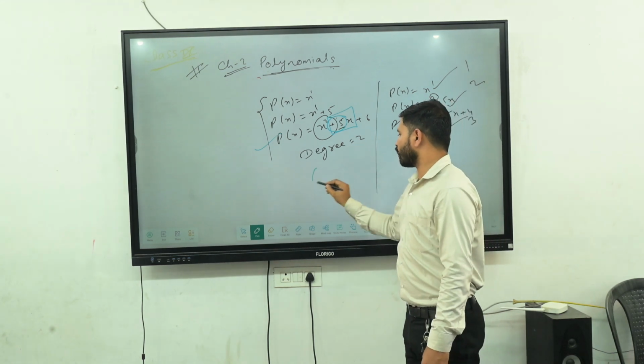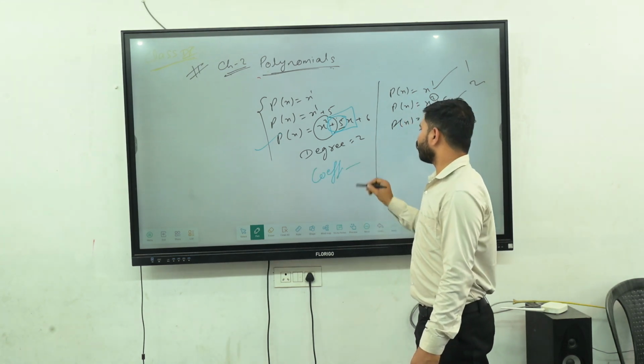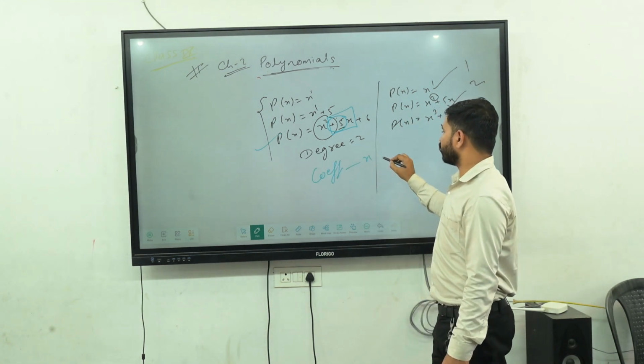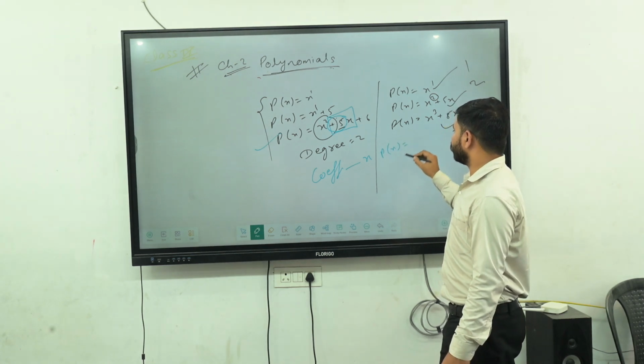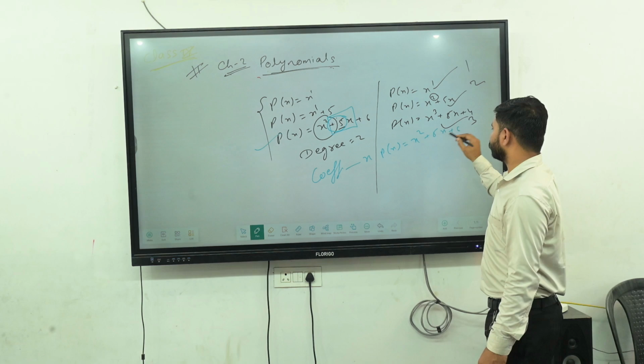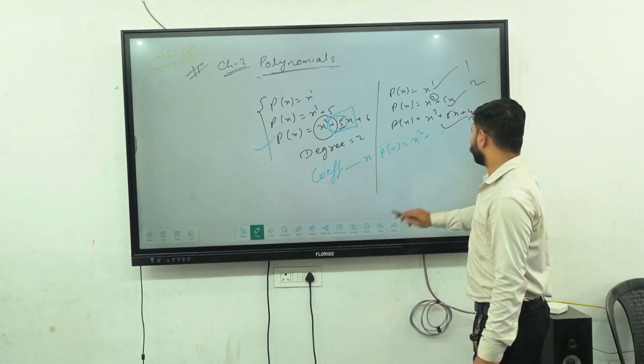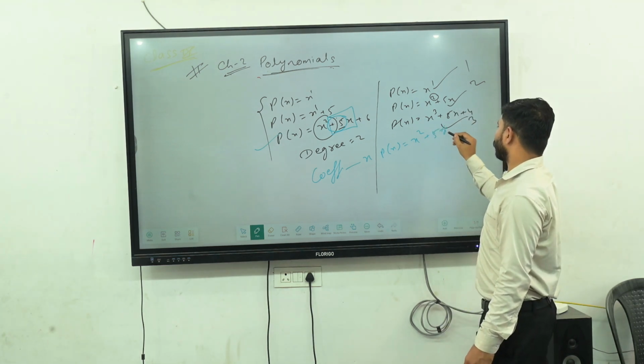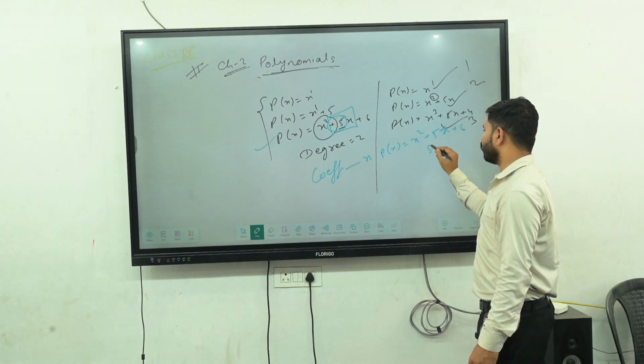So the coefficient of x in this polynomial, x square plus 5x plus 6, is 5.